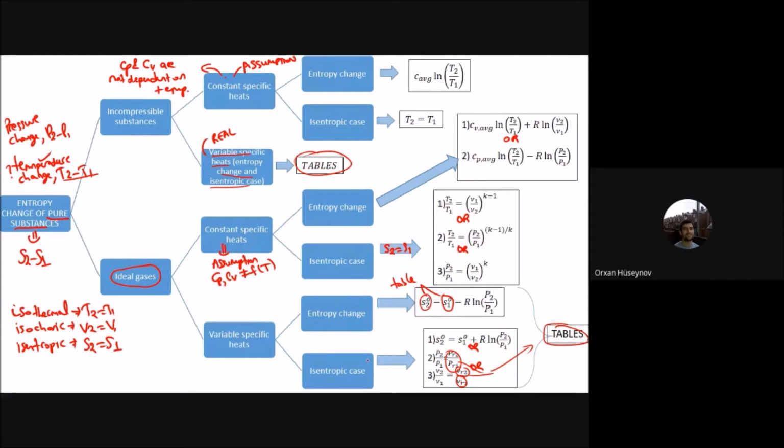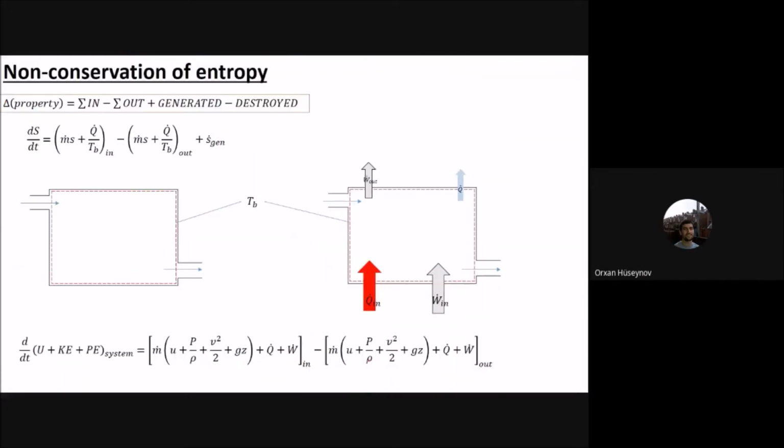This is just a review, okay, a review to understand the problems easily. And we have the non-conservation of the entropy. If you remember from the previous classes, you have the conservation of energy, you have the conservation of mass, conservation of momentum. For the entropy case, it is a non-conserved property.